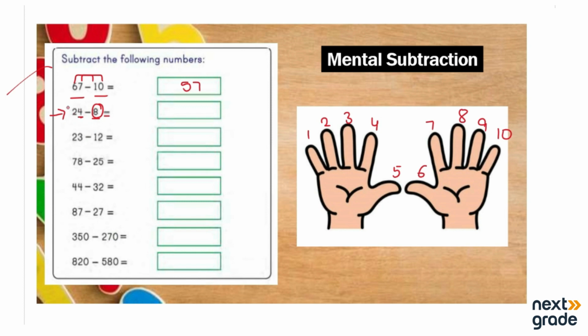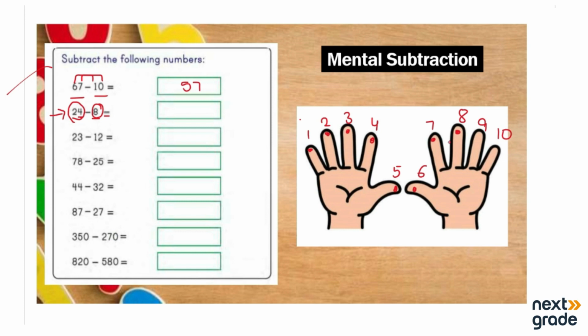We are gonna do the backward counting. So we are going to start from 24 and we are going to count 8 steps backward. ठीक है, तो हम 24 से counting start करेंगे और backward 8 steps जाएंगे. तो इधर क्या होगा, ये हो जाएगा 23, 22, 21, 20, 19, 18, 17 and 16.